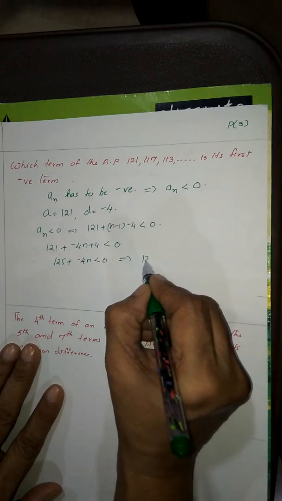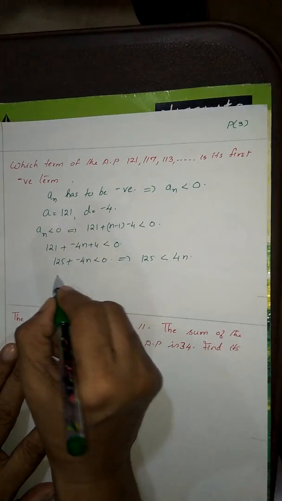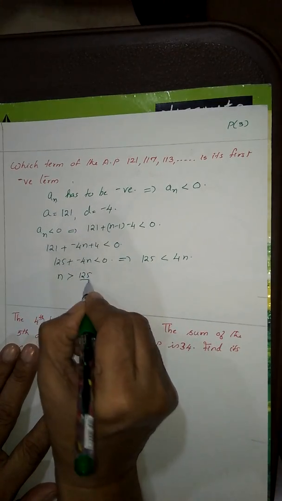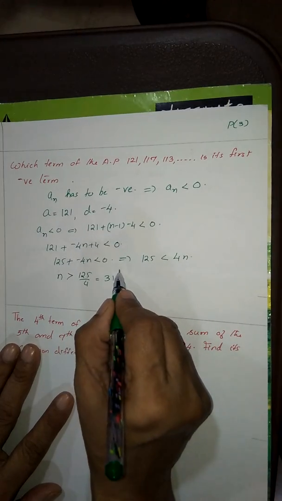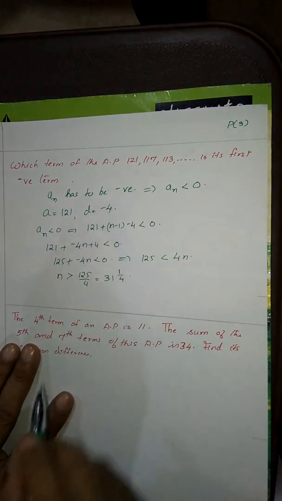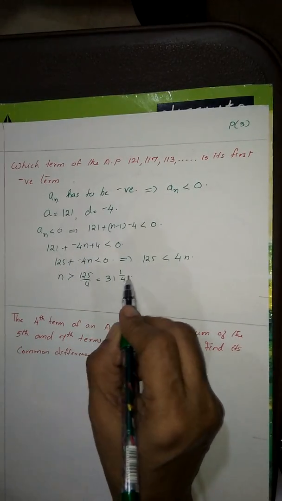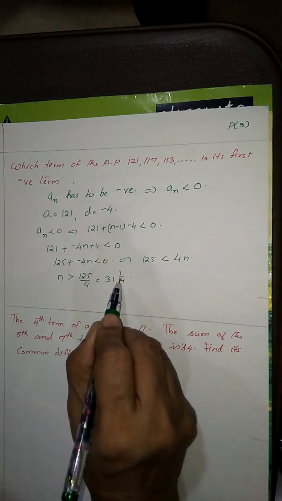You get 125 is less than 4n. It means n is greater than 125 by 4, that is equal to 31 1 by 4. So n has to be greater than 31 1 by 4.